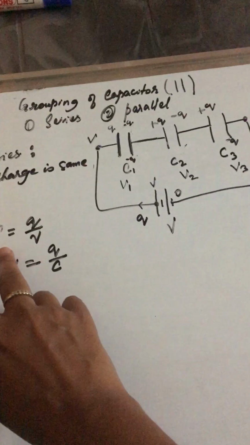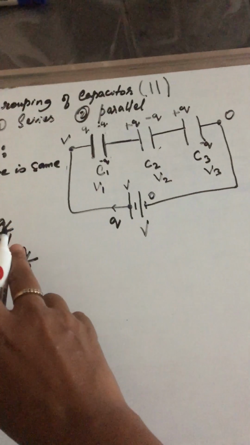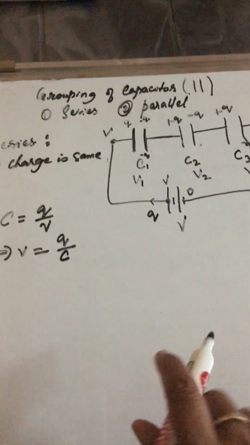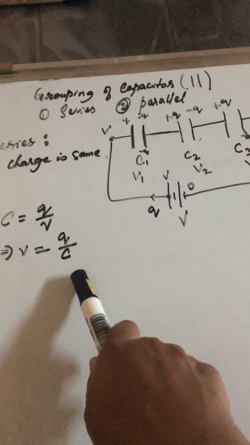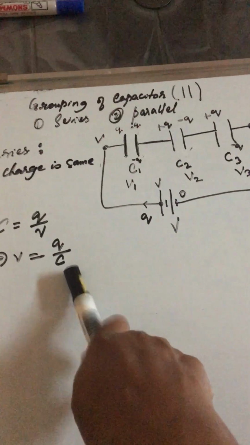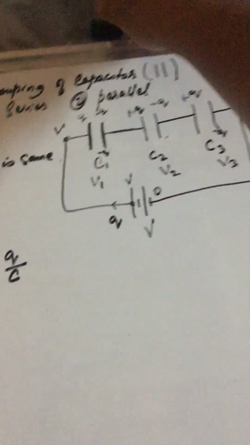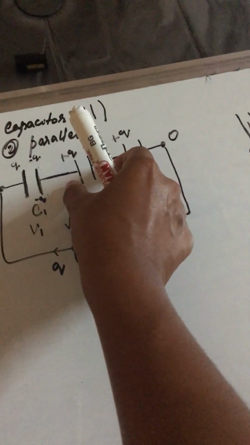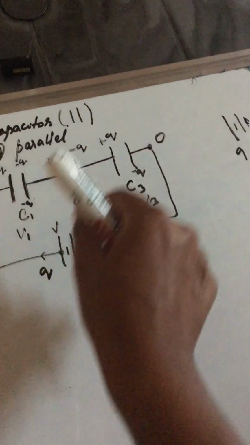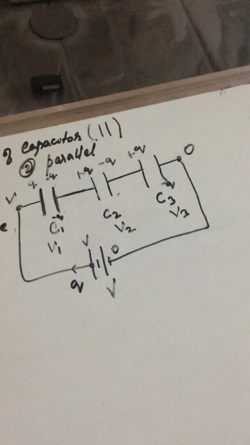Capacitance is equal to charge by potential, so potential is equal to charge by capacitance. Now each capacitance is different, so in series the potential difference will be different across each capacitor.